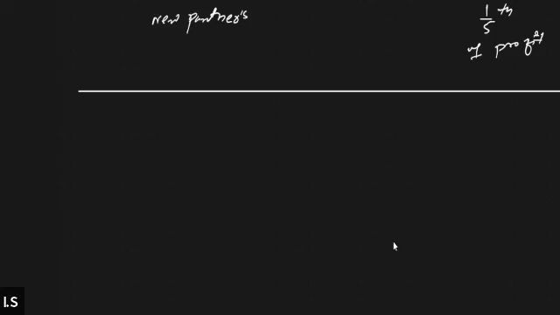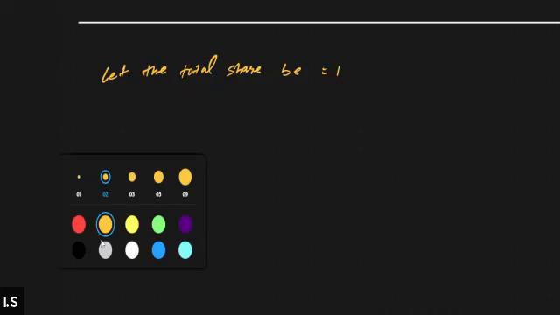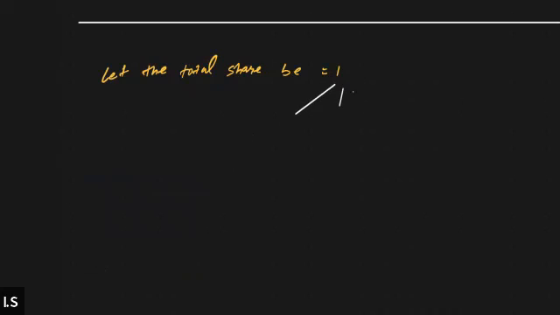So for the sake of simplifying, let the total share of the firm be equal to 1, and this total share will be distributed among all the partners. Out of this 1, everybody is going to take a certain proportion: X, Y, Z, and A.